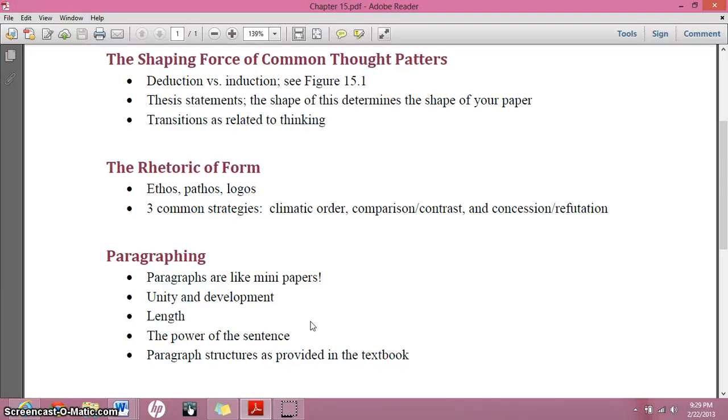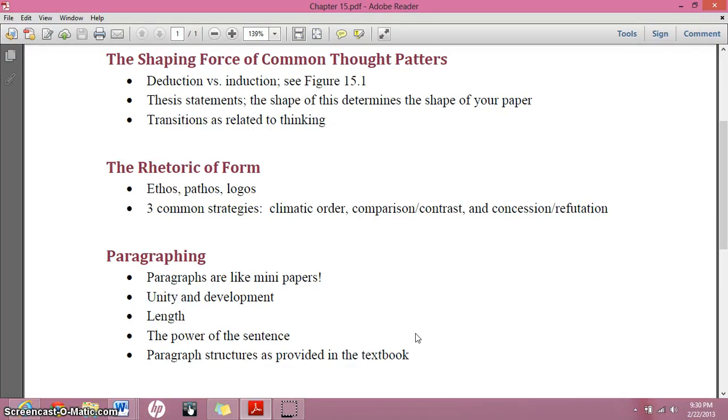Look at the paragraph structures. It's just kind of a guide that the book gives you. It's kind of like the common strategies for organizing up here. It gives you a number of ways to organize your paragraphs. So I'm not going to go in depth with those right now, but it's good for you to review and have at least a basic understanding on how you can construct your paragraphs to have the most power within them.